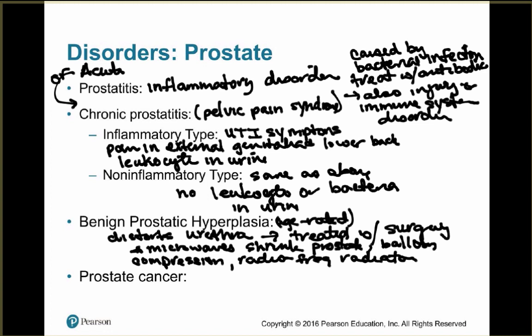And the last we're going to talk about is prostate cancer. Prostate cancer is the second most common cause of cancer death in males.